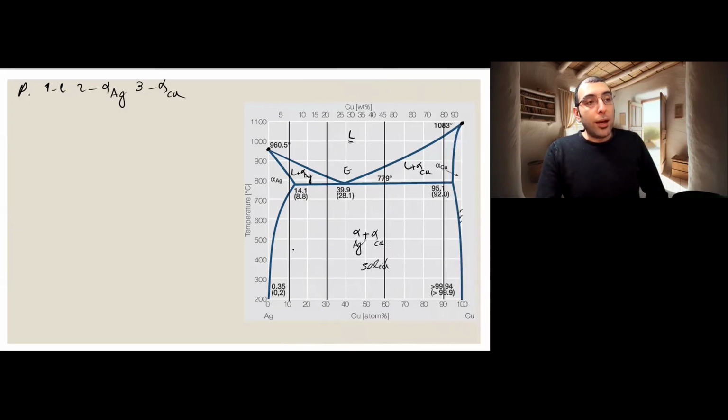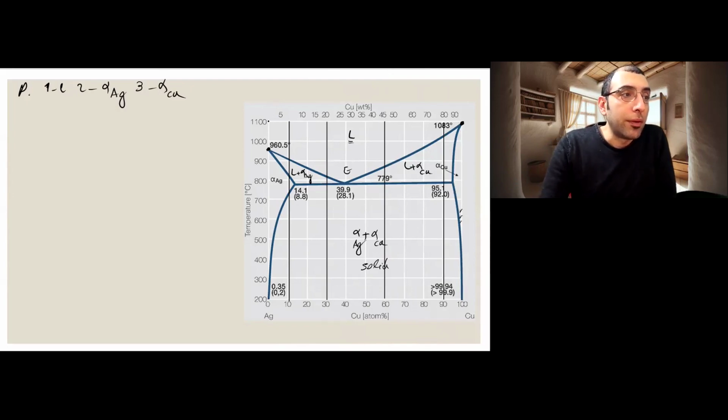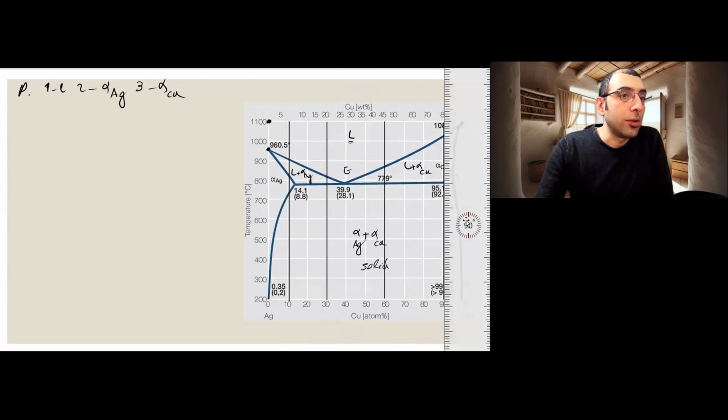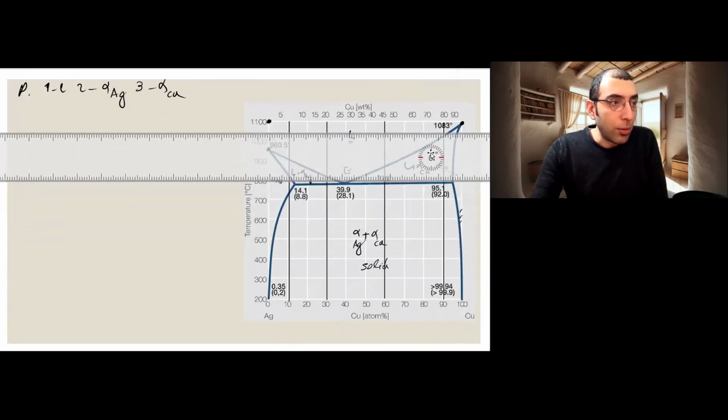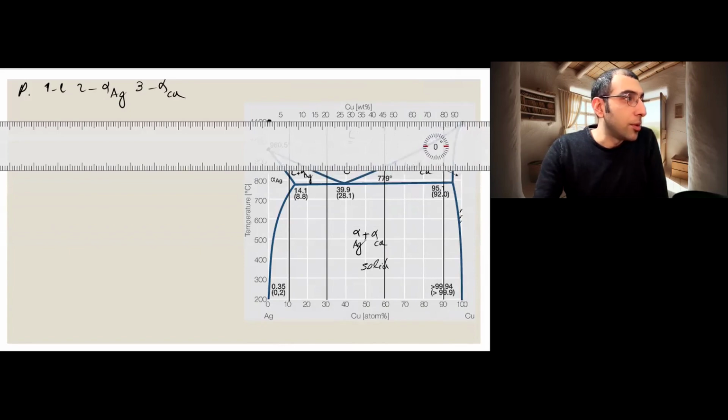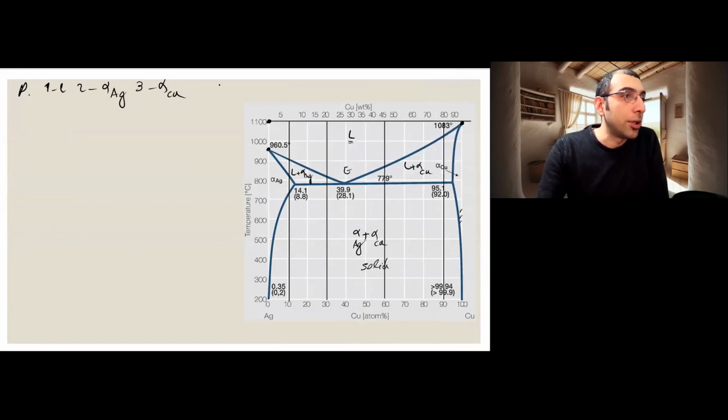All right, we have this. Now we're going to talk about the temperature. At first, we're going to pick 1100 degrees. I'll do the first horizontal line, but you get the idea, so I don't do it for the rest. This is the horizontal temperature line that we do, but we have these whitish lines that we don't have to use.